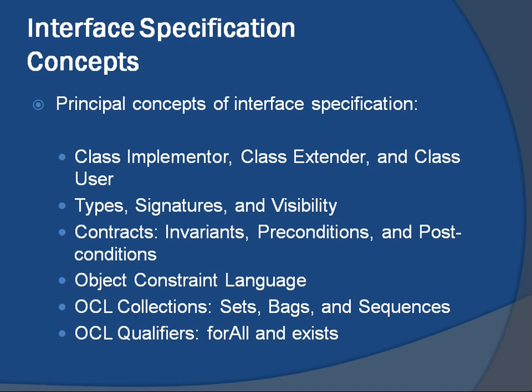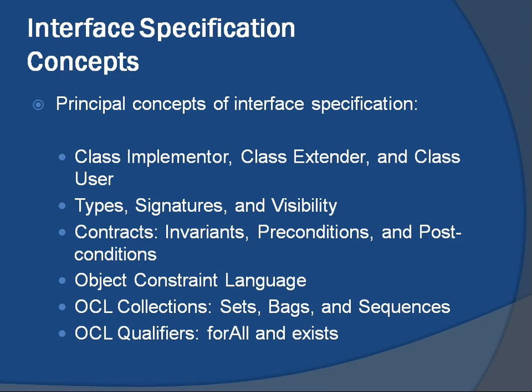Let us have a look in depth. What are the concepts associated with interface specification? Here are the principal components or concepts of interface specification, such as class implementer, class extender, and class user.